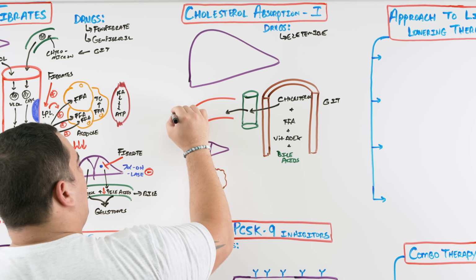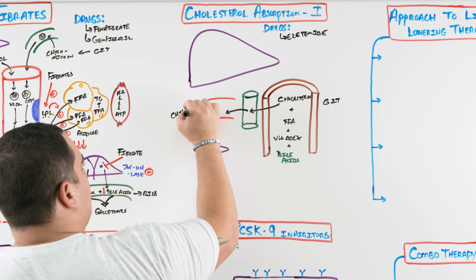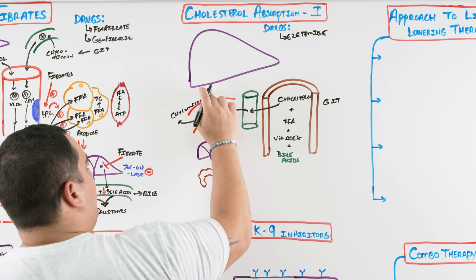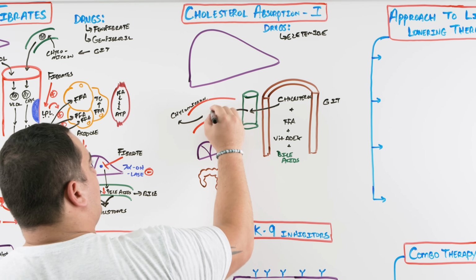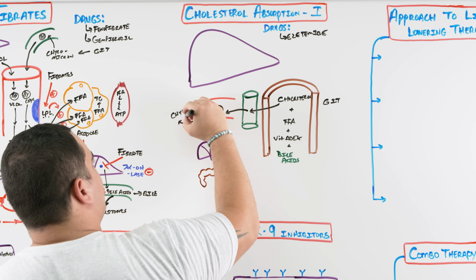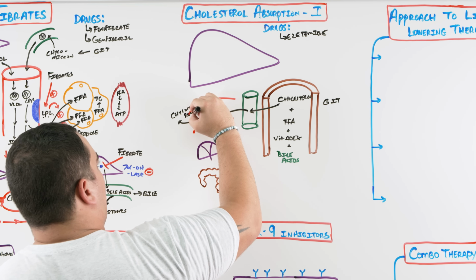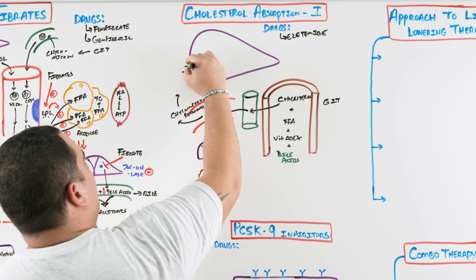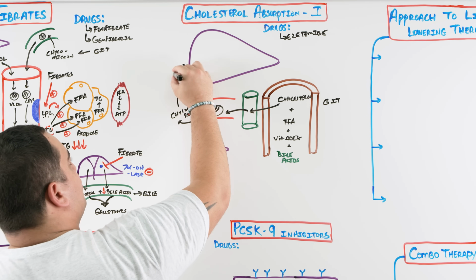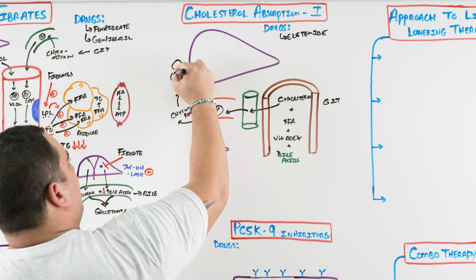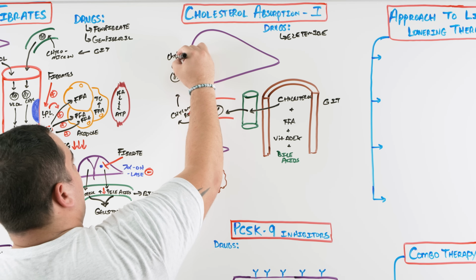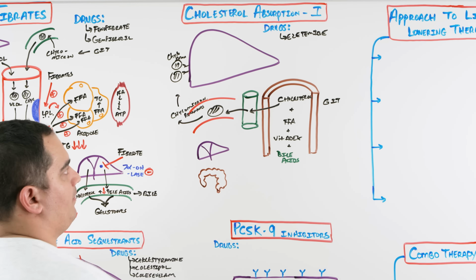So we know that the chylomicrons, especially the remnants, we'll put chylomicron remnants here. We know that these are going to bring the remaining amount of cholesterol and a little bit of triglycerides, so chylo remnants, to the liver, okay?